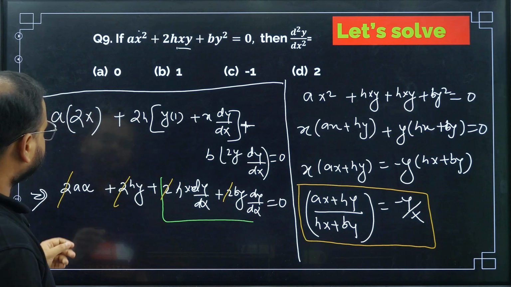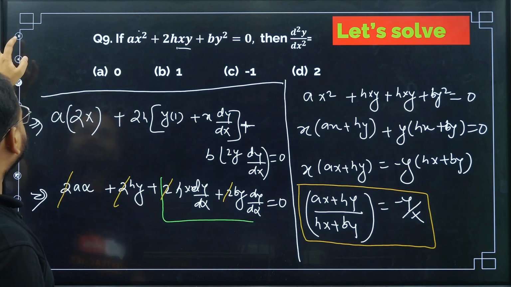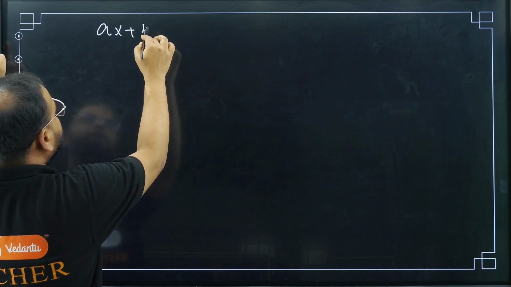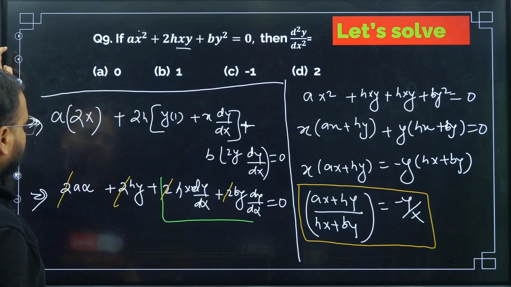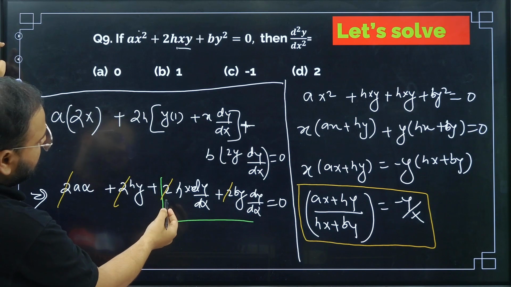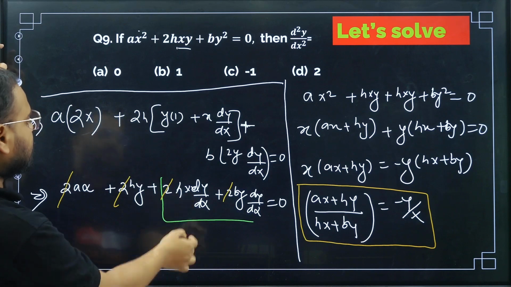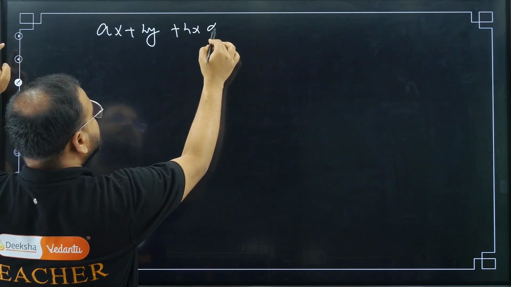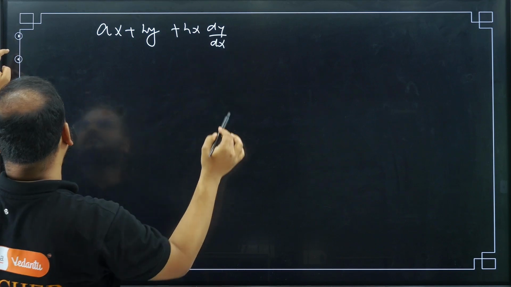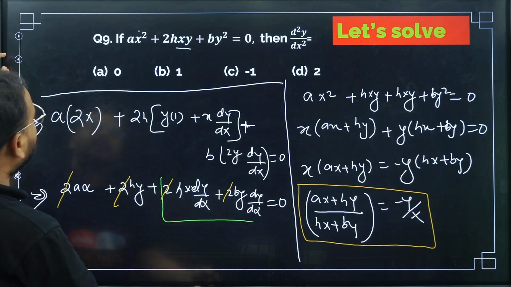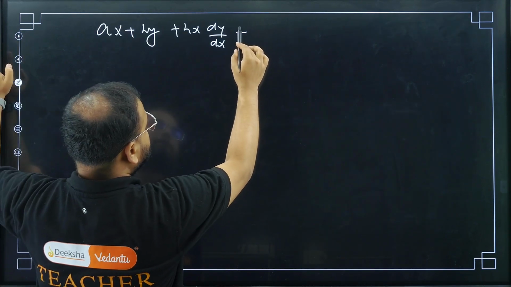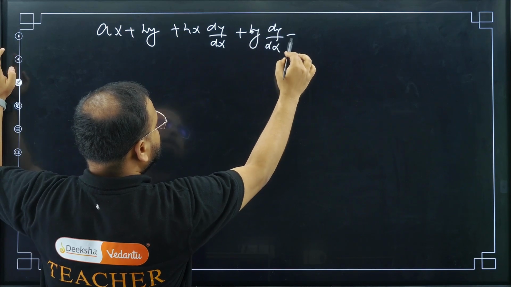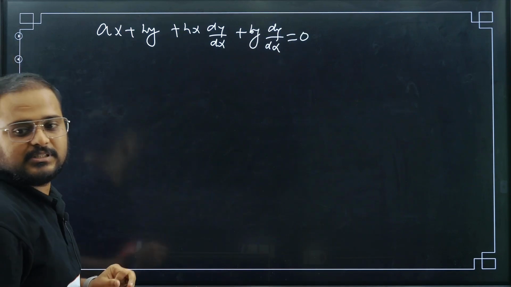Please check here. ax plus hy plus hx dy by dx plus by dy by dx equal to 0. Am I right?